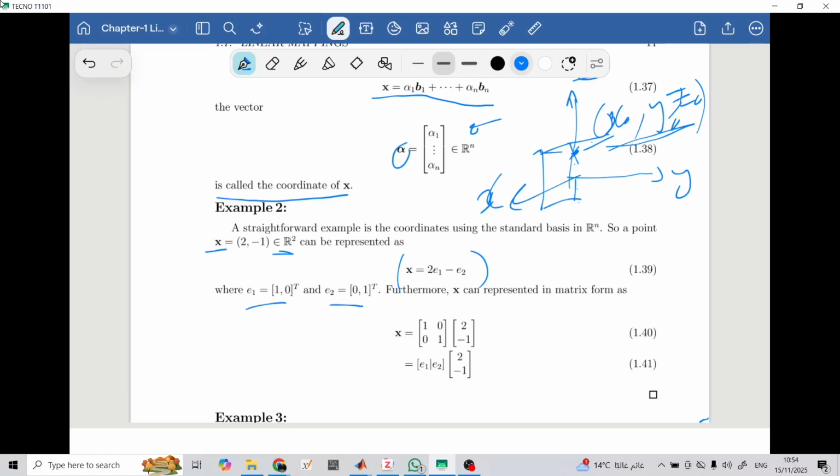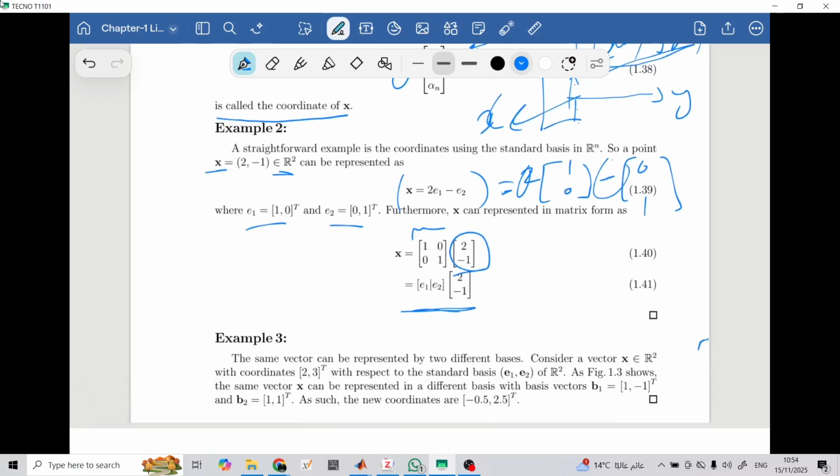This means that we can say it's 2 times (1, 0) minus (0, 1). We can put those coefficients 2 and minus 1 in a vector and stack the bases in a matrix, and we have this matrix form.